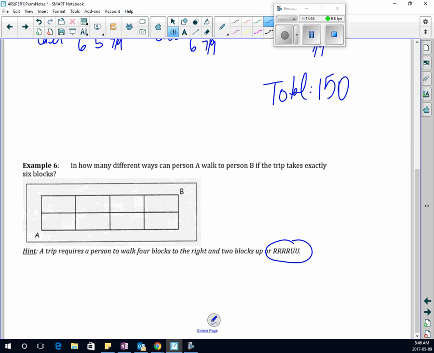So, 6 factorial divided by 4 factorial, 2 factorial. So 6 times 5 divided by 2. So it'd be 15. Does everybody see how I got 6 times 5? And the 4, 3, 2, 1s cancel?